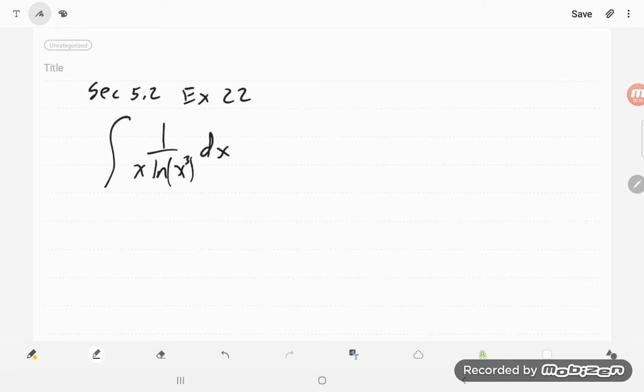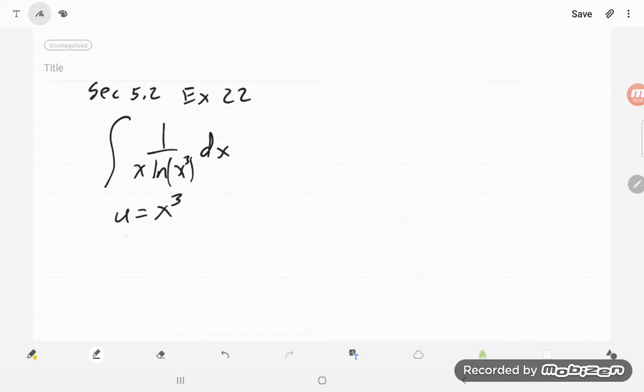So, as I look at things, I guess the most inside thing is this x cubed. So I'll try that. We'll see if that works. It may work just dandy. There may be some other way that works better. But let's try it.